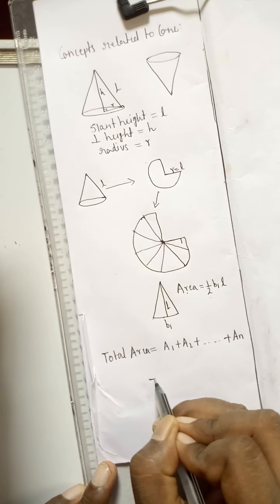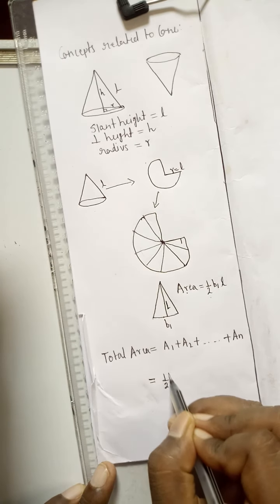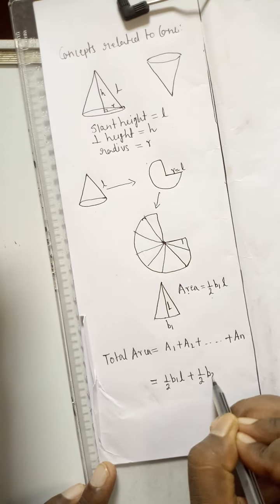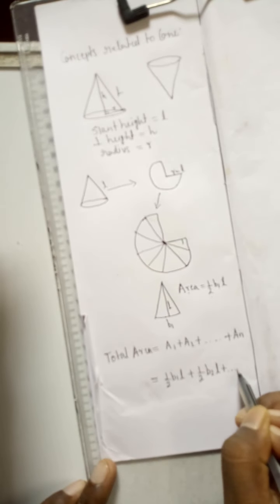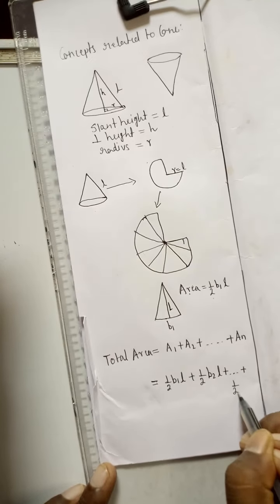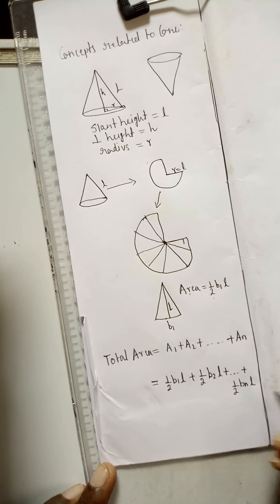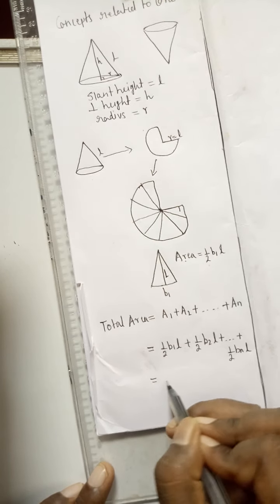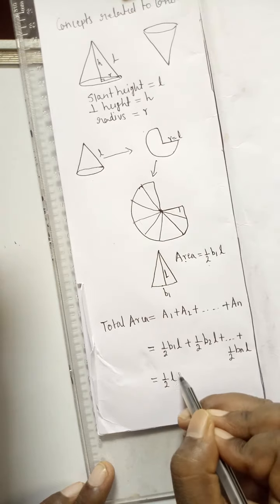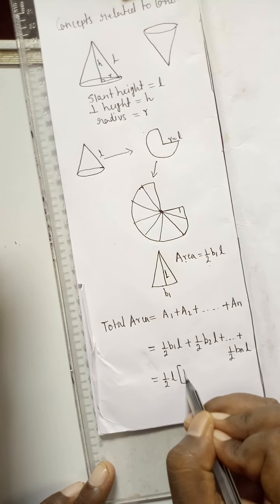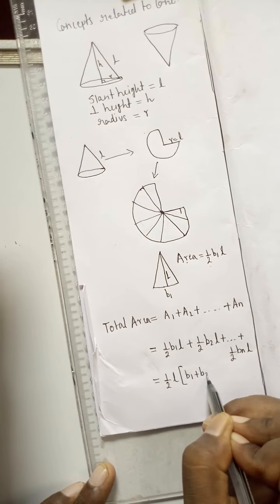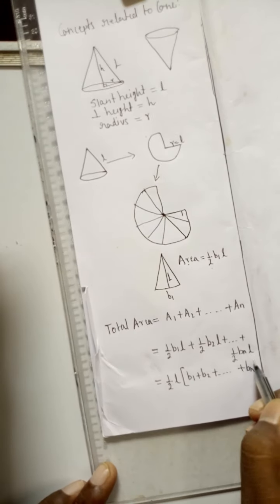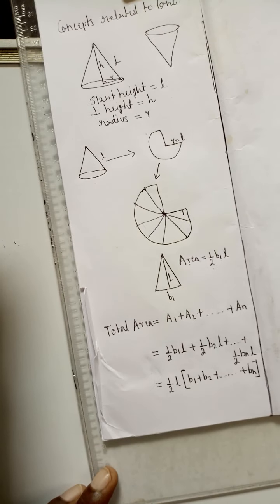A1 is half B1 l, A2 is again half B2 l, plus up to half Bn l. I hope this is clear. In this case, we can take half l common, and in the bracket you get B1 plus B2 plus up to Bn, that means the sum of all its bases.